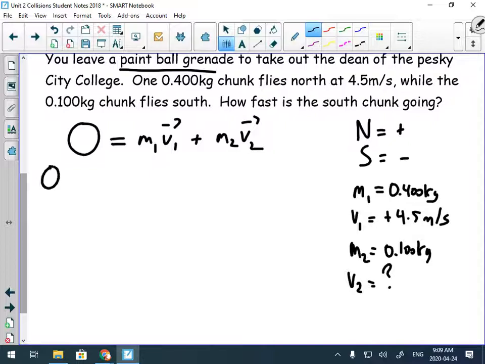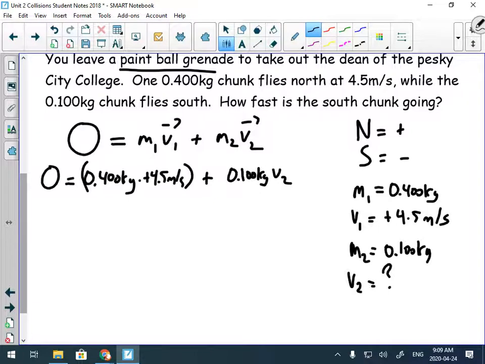Okay, let's put our values in there. The mass of the first system is 0.4 kilograms, and we're going to times that by positive 4.5 meters per second. Okay, and we're going to add that to mass of the second system, 0.1, and we don't know speed.